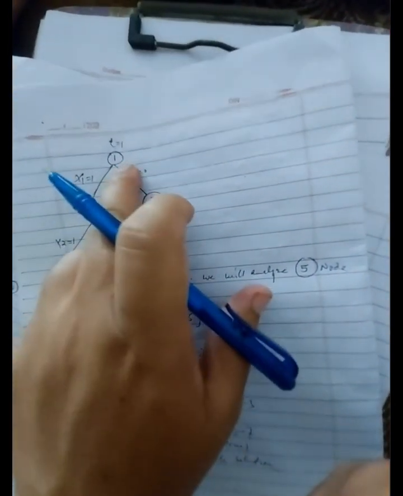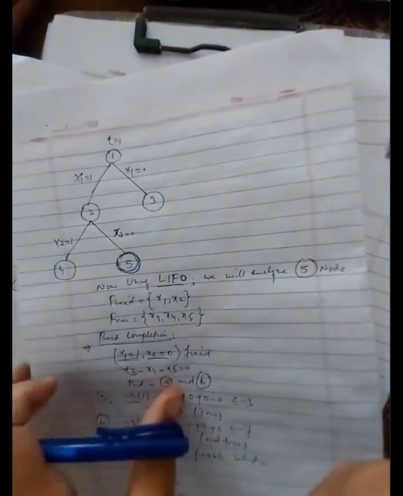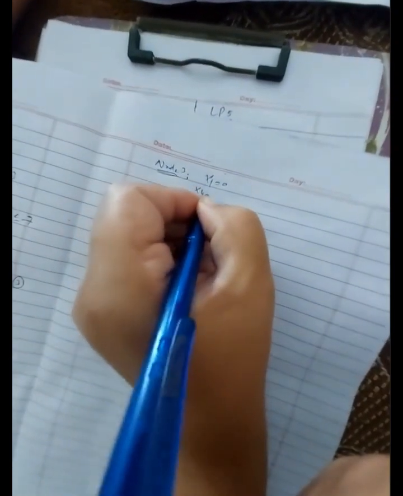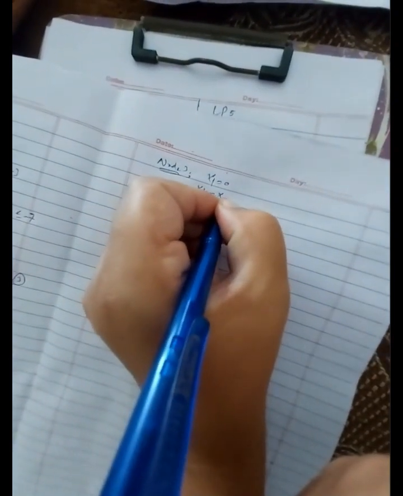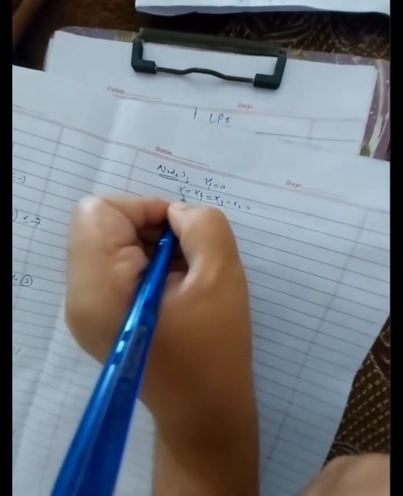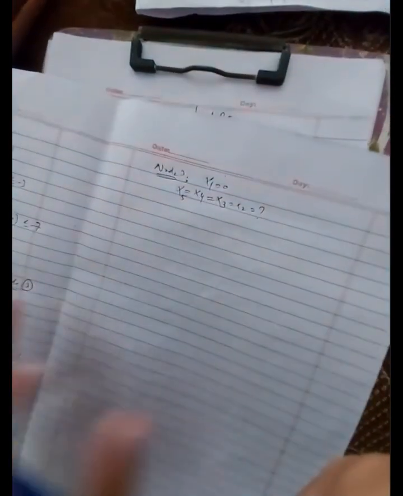So for node 3, when we see over here, only one is fixed, x1 is equal to 0. So x1 is equal to 0, and x4, x3, x2, and x5 are unknown.